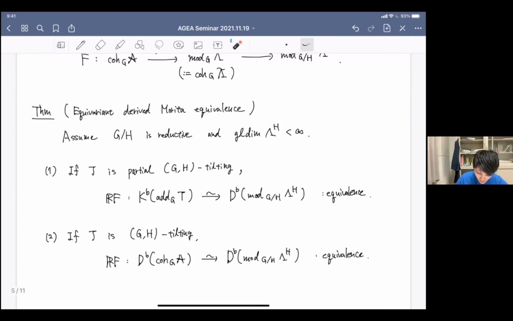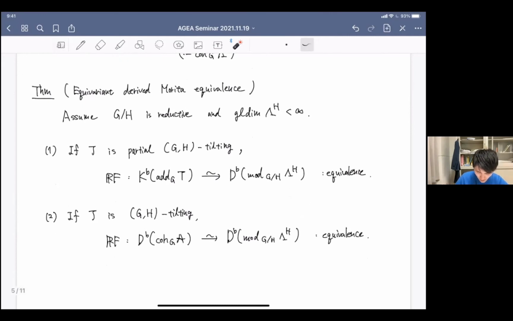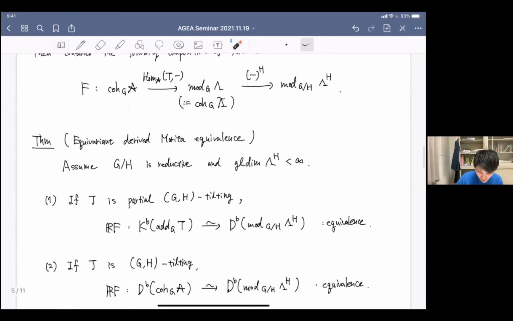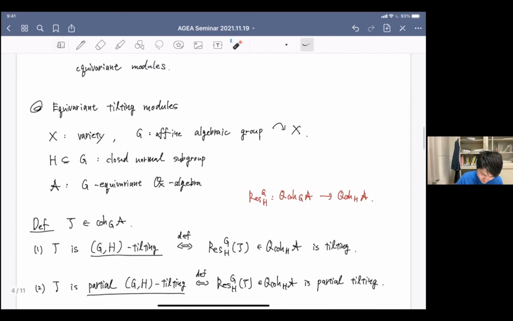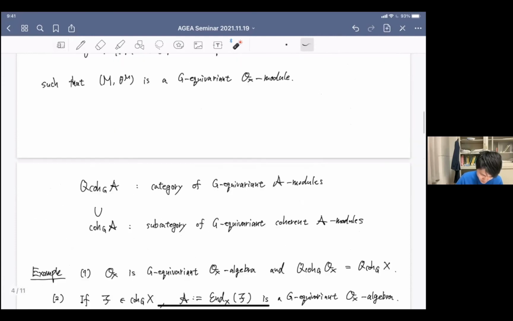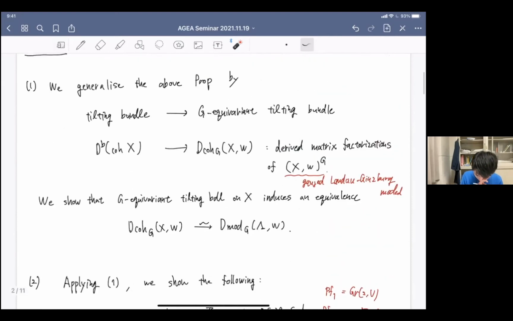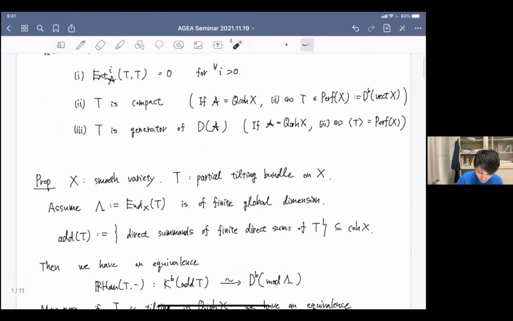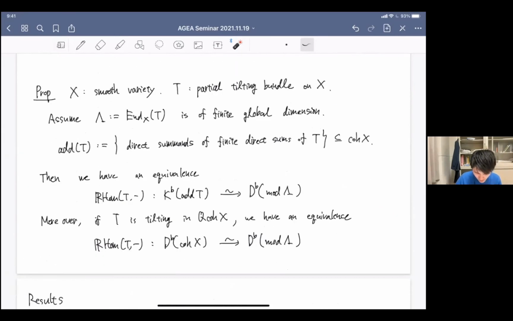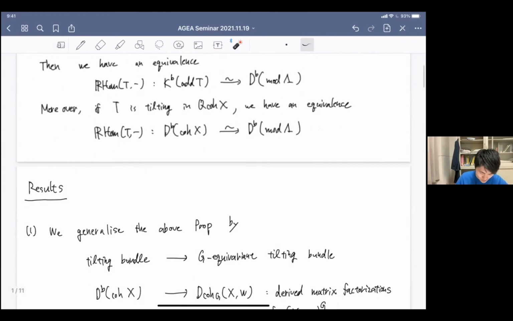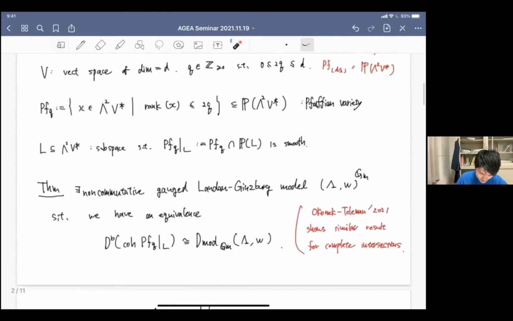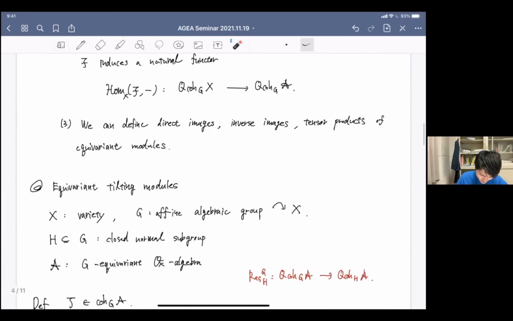So this is already a generalization of the result in this proposition. We equivariantize this proposition to get this theorem.